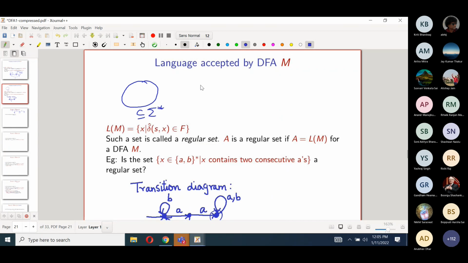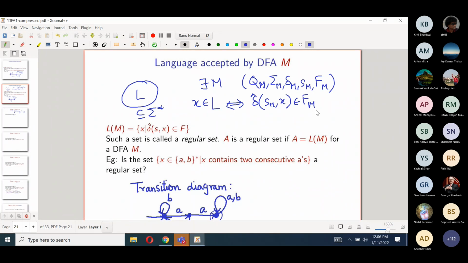Now suppose there exists a particular DFA M, with Q_M, sigma_M, delta_M, S_M, and F_M. You are defining these for this particular machine M. Let me call the set L. Suppose X belongs to L if and only if delta hat of S_M, X belongs to F_M.